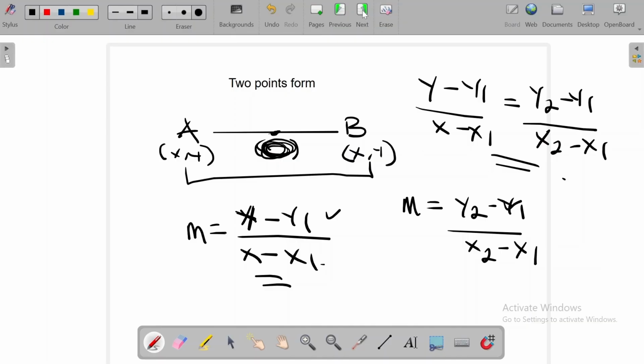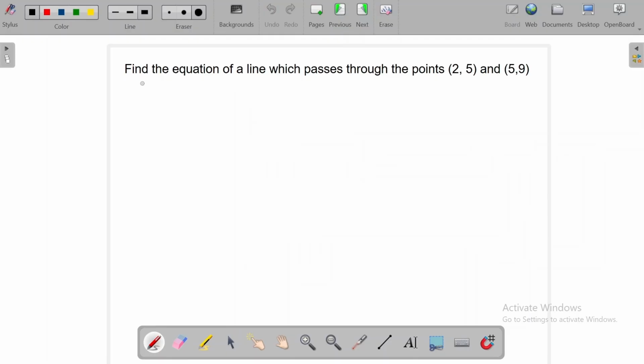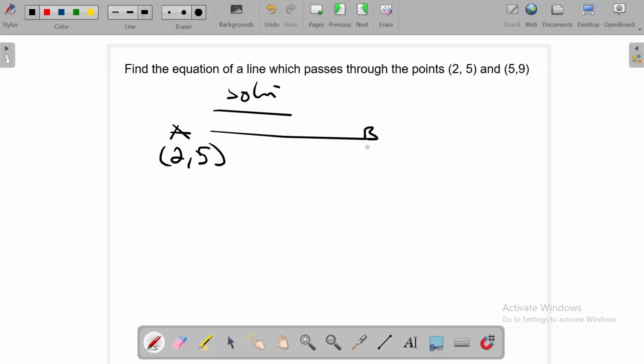So if I look at an example, find the equation of a line which passes through the points (2, 5) and (5, 9). Let's call this point A, (2, 5), and point B, (5, 9).